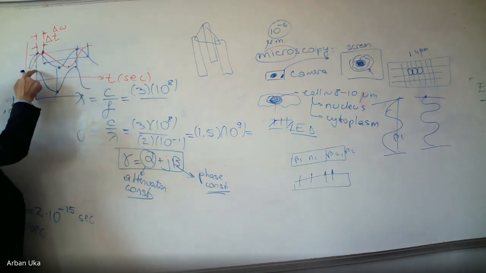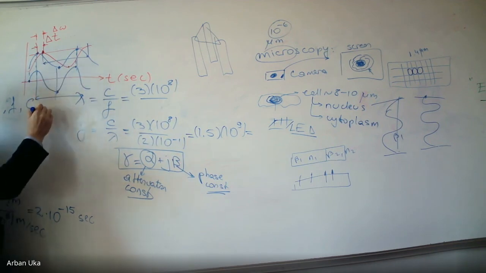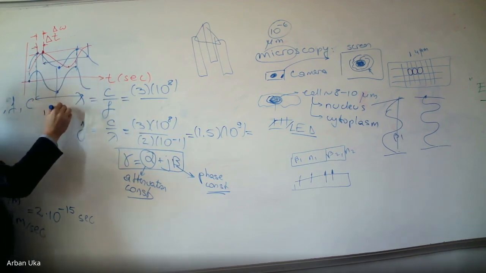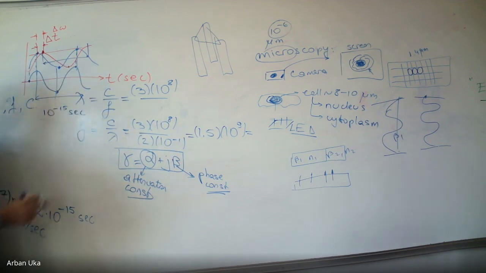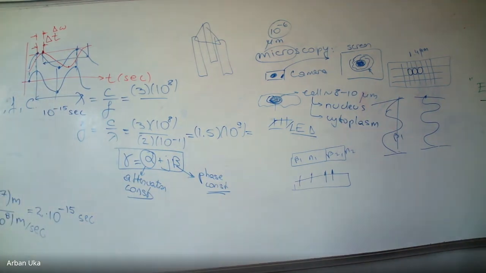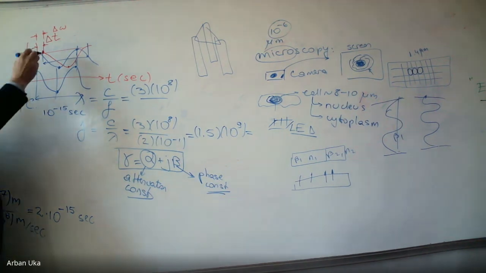So from the maximum to another maximum, we are talking about 10 to the power minus 15 seconds. Okay, so this is what we are talking about. If we have a phase change, it would be something like one order of magnitude smaller, or a quarter.